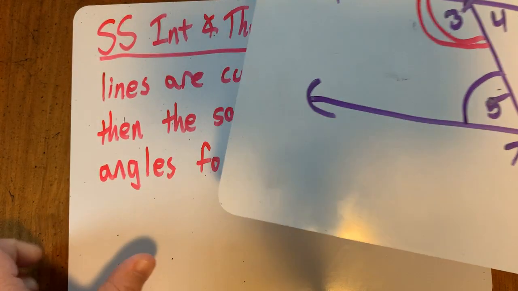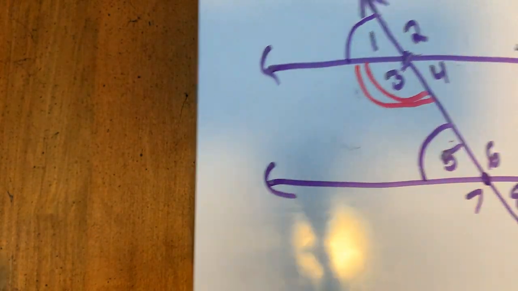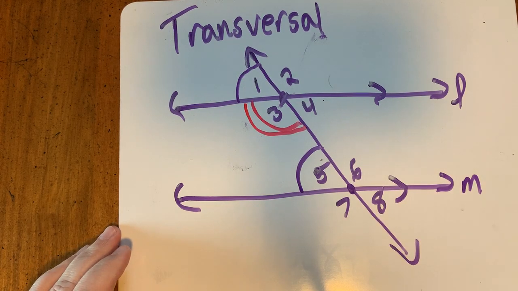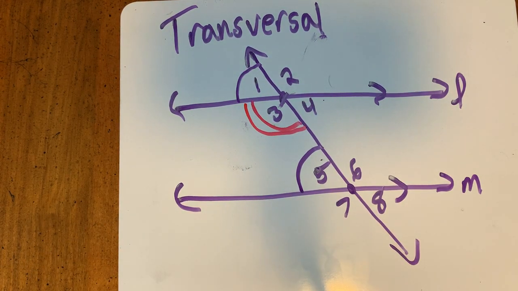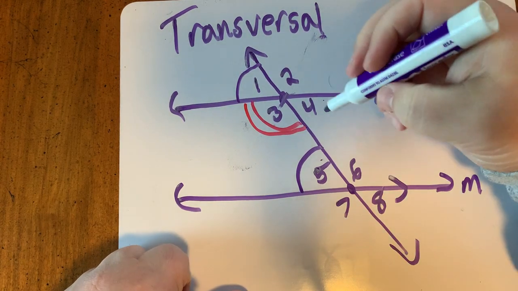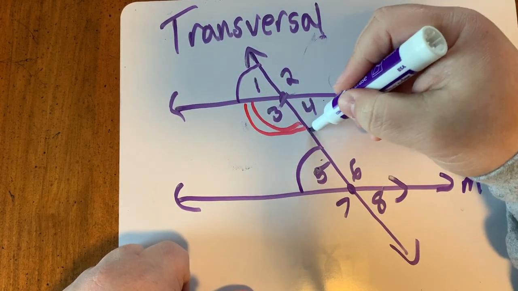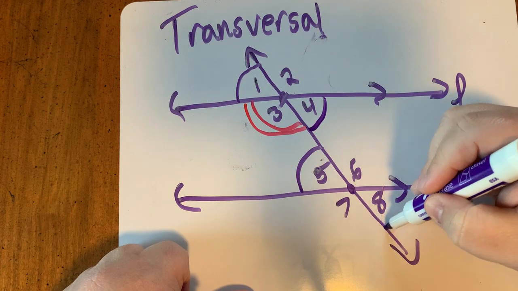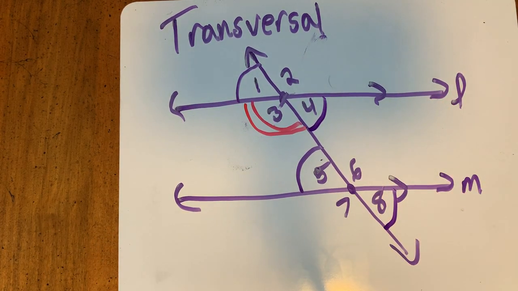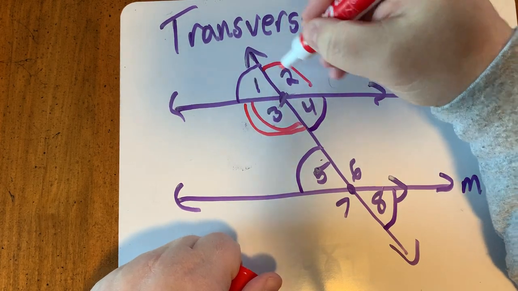So the next relationship we had was the same side exterior angles. Well, angle 1 and angle 4 are vertical. Angle 5 and angle 8 are vertical. Angle 3 and angle 2 are vertical.